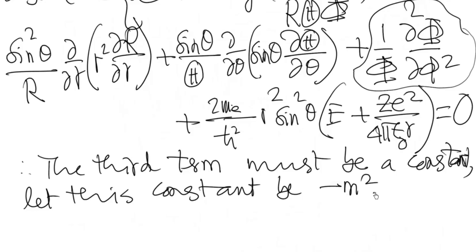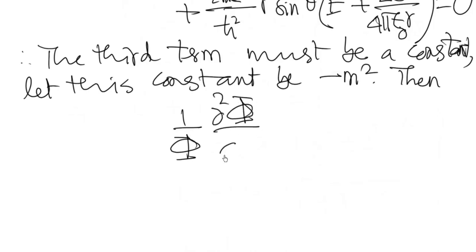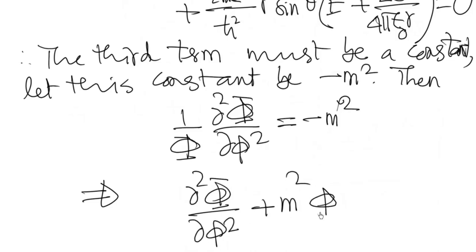This is a constant. Then we can write down 1 by Phi, and if we rewrite this, then this one can be written as, okay, let us say this is equation number 1.